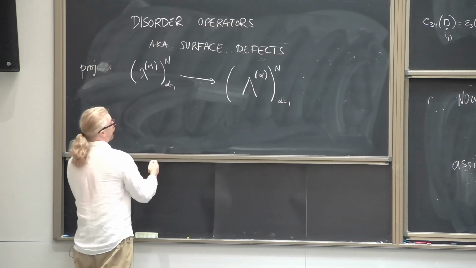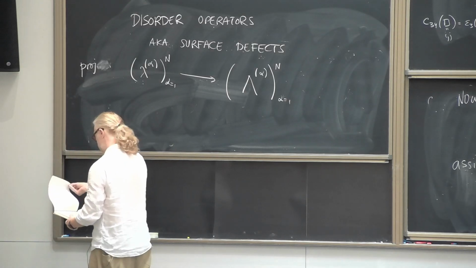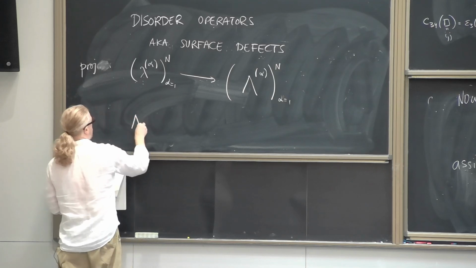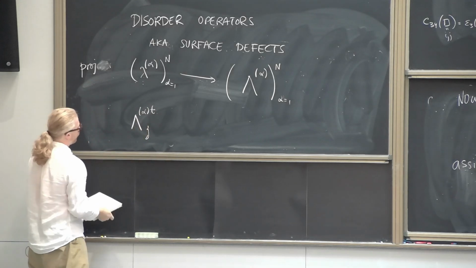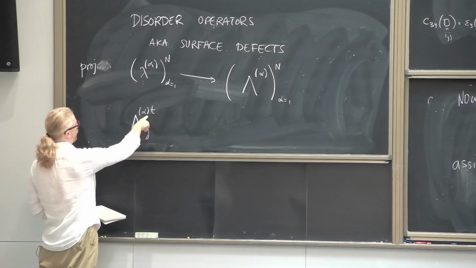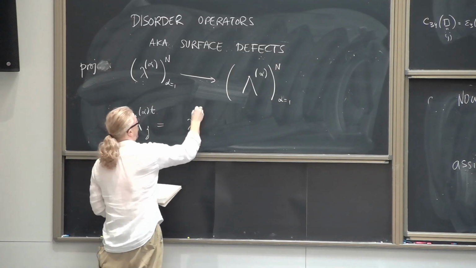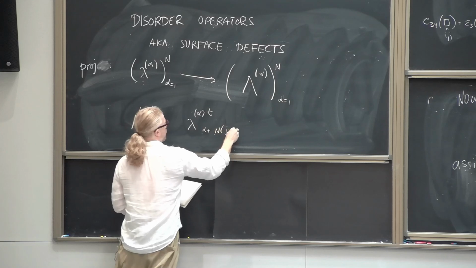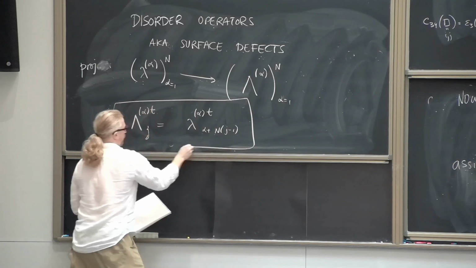And so what is this map? I don't want to make a silly mistake. I want to make a smart mistake. The map is the following: the jth part of the dual partition to the partition capital lambda alpha is equal to the alpha plus n times j minus 1th part of the partition lambda alpha. So this is the map.